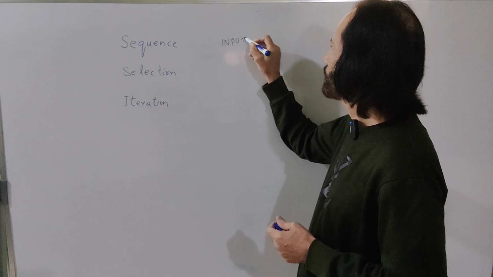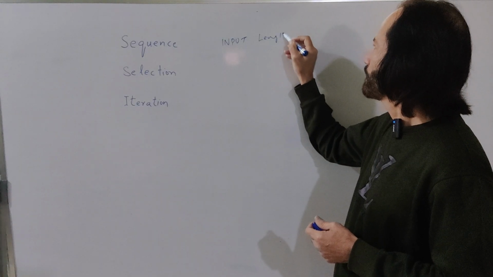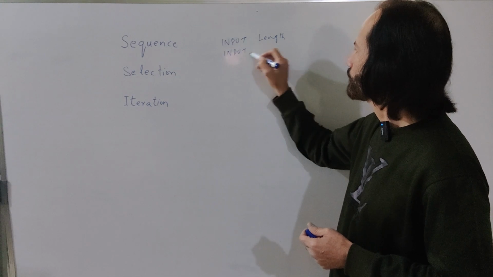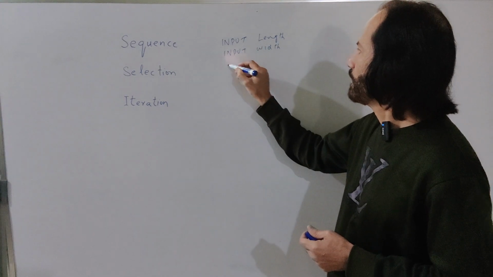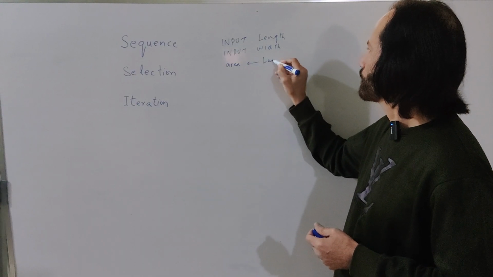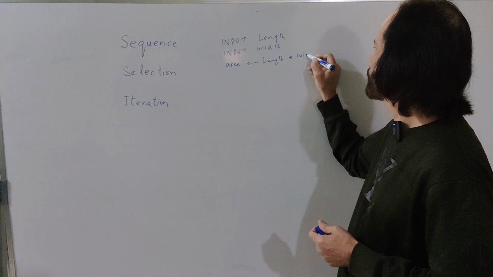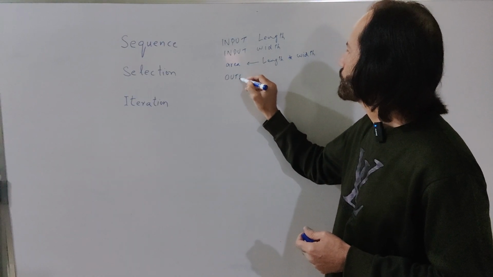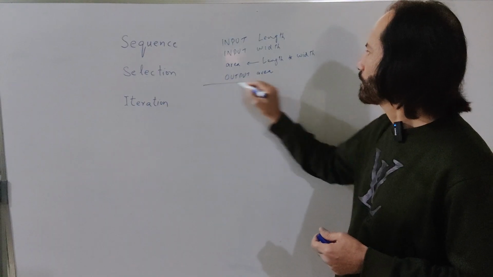For example, I am asking the user to input length and then input width, and I want to calculate the area of an object, and then I will display that area.